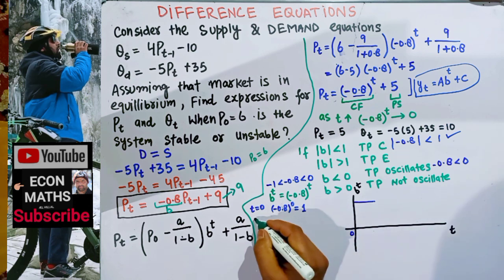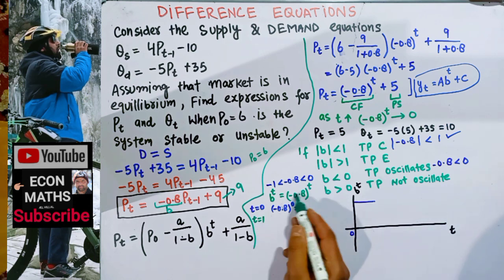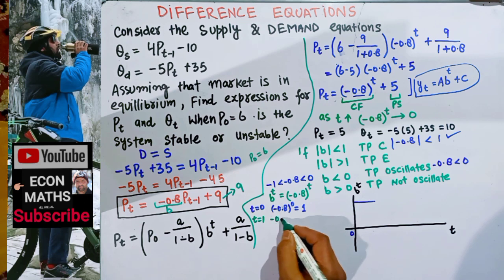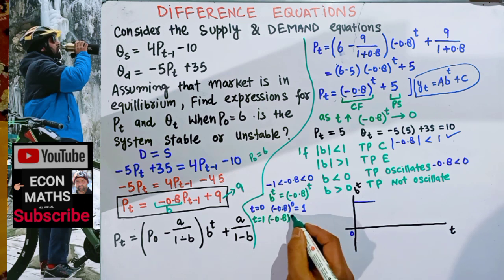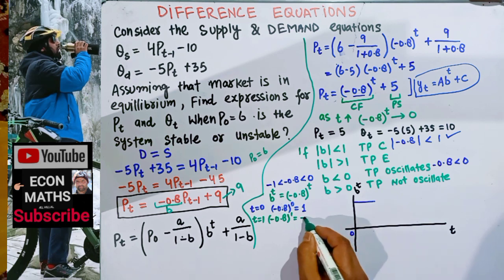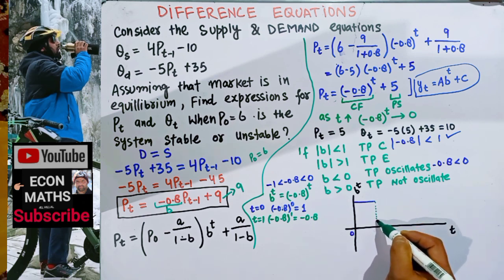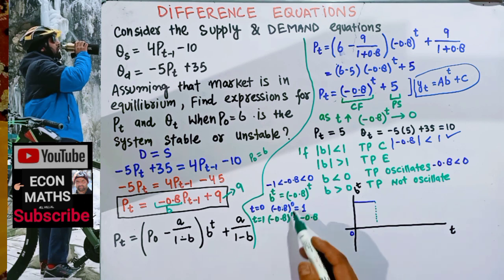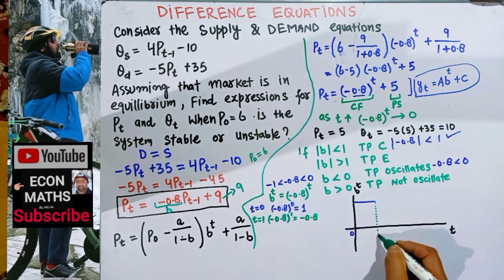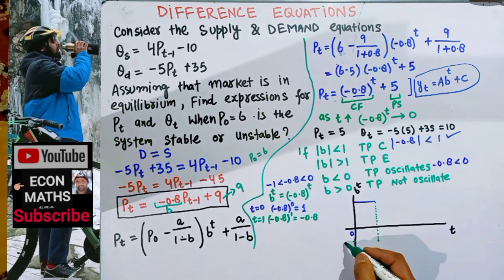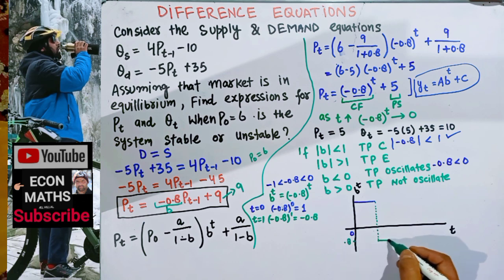After that, when t is equal to 1, it becomes minus 0.8 raised to the power 1, so it comes out to be minus 0.8. Since we have a discrete time interval, we will have a step function here. Let us say here it is minus 0.8, when t is equal to 1.